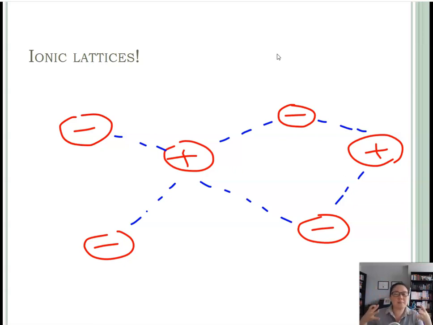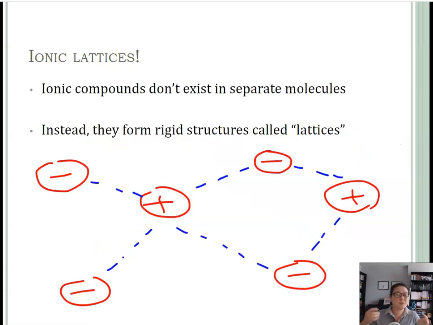It clumps in patterns, and those patterns are called lattices. So once again, you don't have cations and anions forming compounds in very, very small formations. You get these bigger clumps happening instead, and those clumps are rigid, regularly shaped structures called lattices.